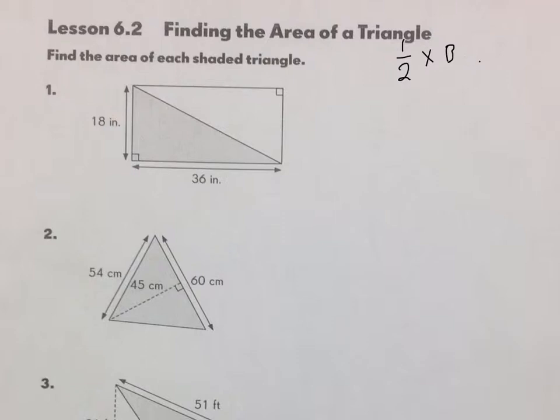height. Okay, so I know my base here is 1/2 times 18 and then times 36. So I'm going to do the 18 times 1/2 first. I know that's 9. So then it's 9 times 36.